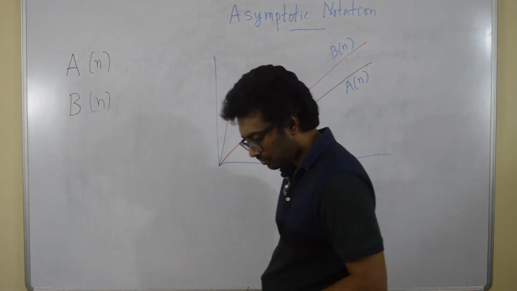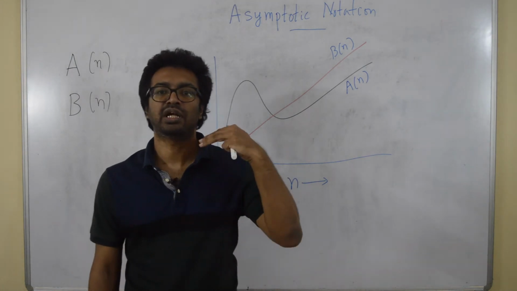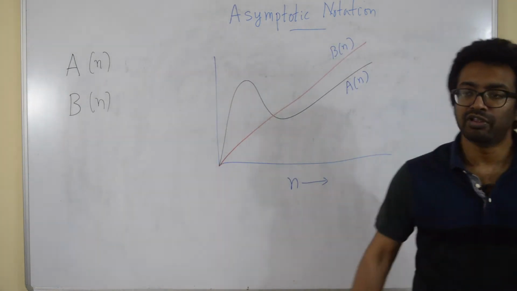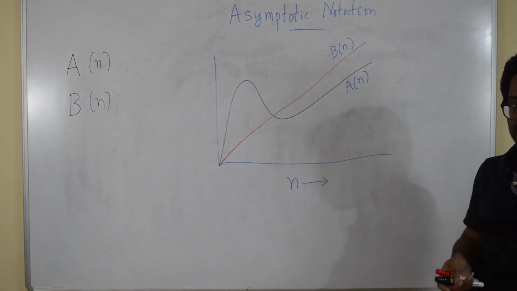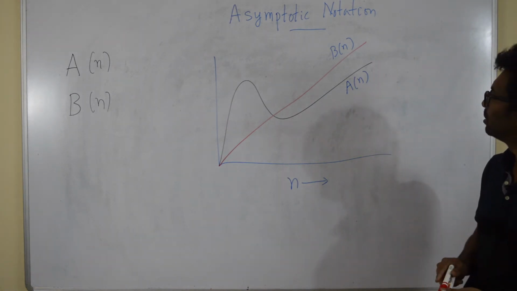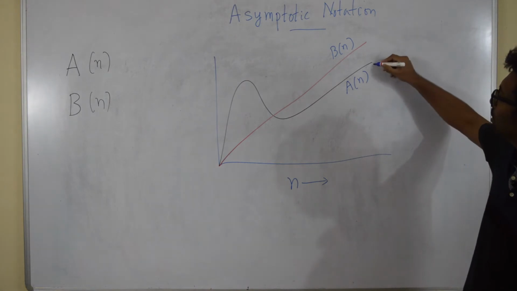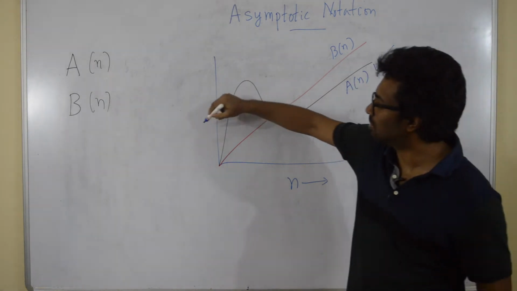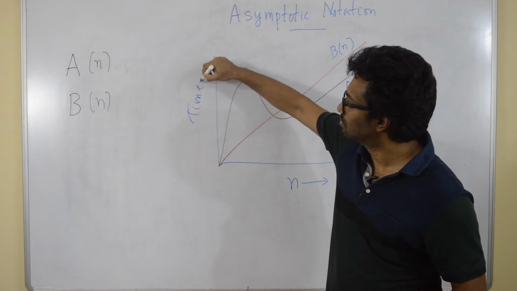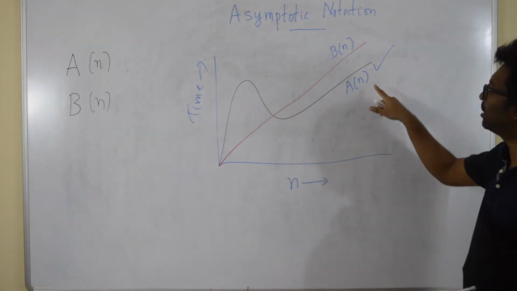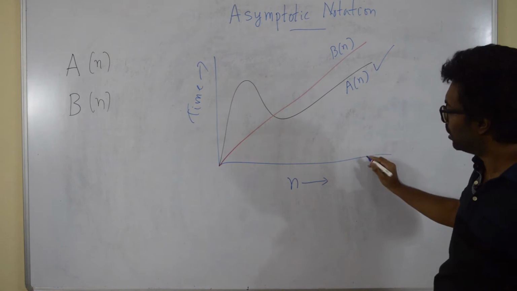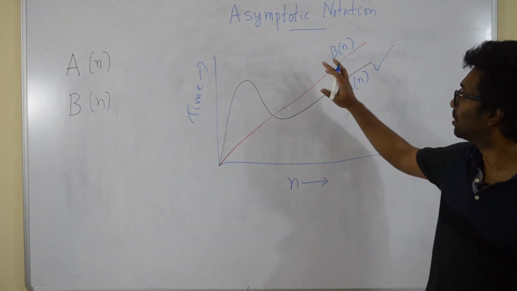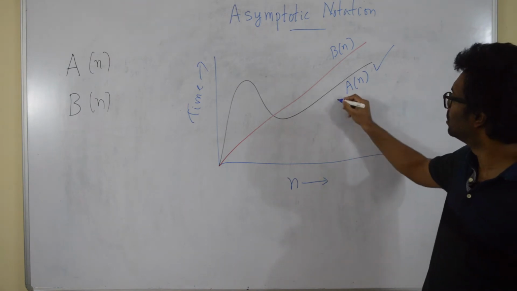Since this is the kind of philosophy with which we are working, in these two cases we would prefer this as the better algorithm. This takes less time compared to this one. A of n takes less time on an input of size n than the algorithm B, right? So this is better.